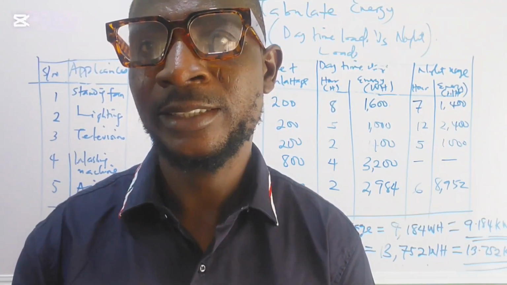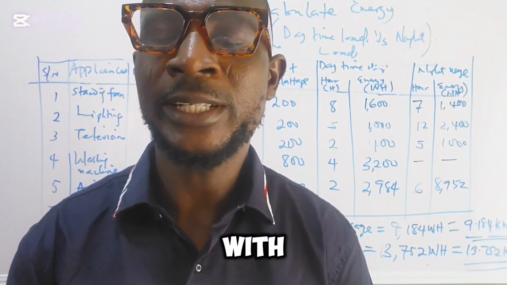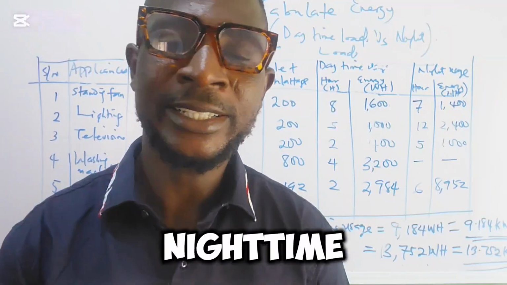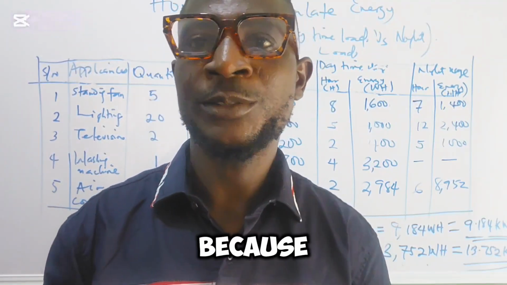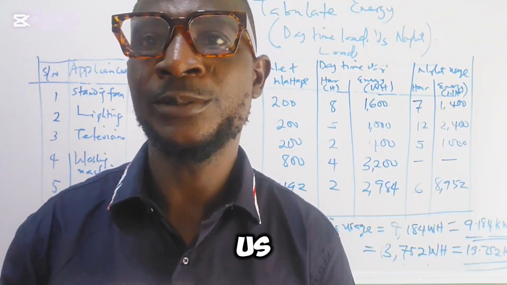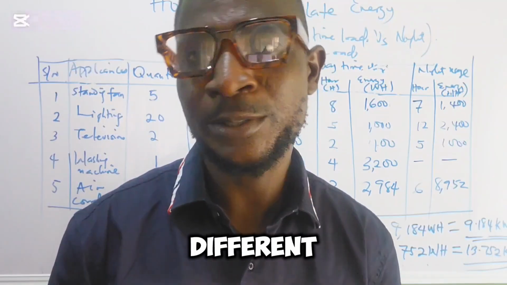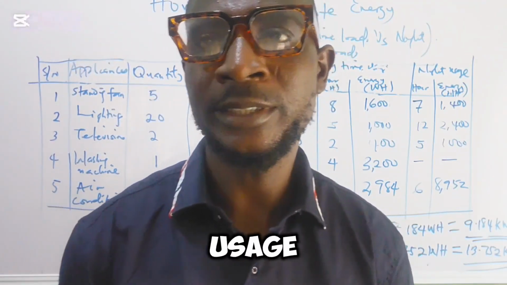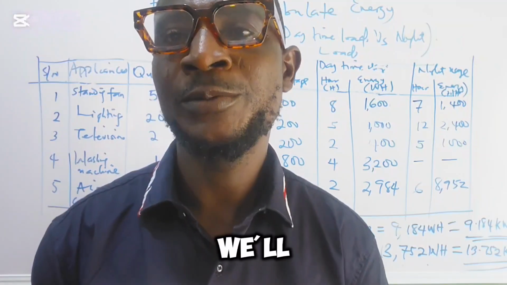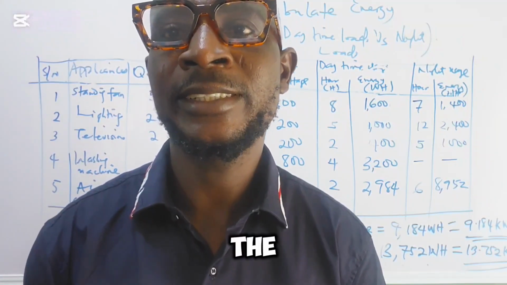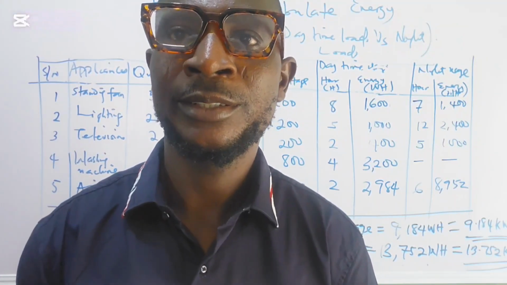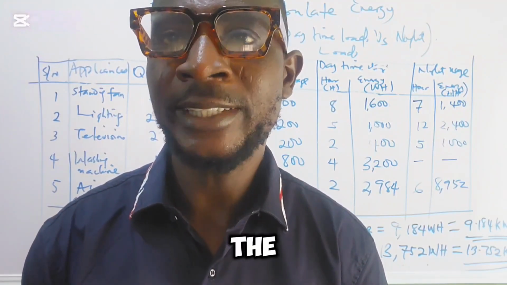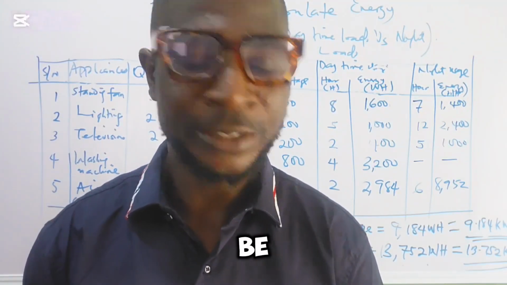So at the end, we're able to come up with daytime energy usage and nighttime usage, because we said there is a need for us to create a different column for your night usage and daytime usage. So today we'll be discussing the size of battery we need to run the night load.